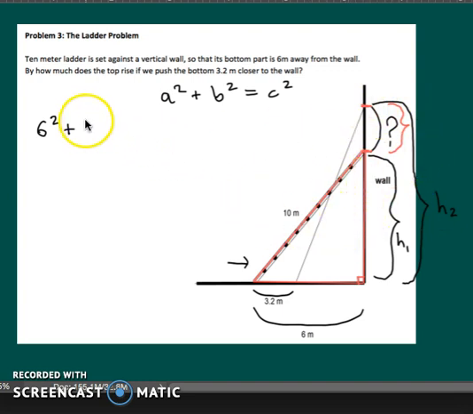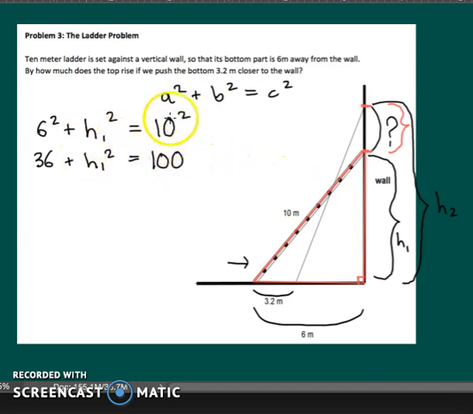So then I've got height 1 squared, and that is equal to c squared, which is our hypotenuse, valued at 10 meters, 10 squared. So let's solve this. 6 squared is 36, plus height 1 squared, which I don't know, equal to 10 squared, which is 100.